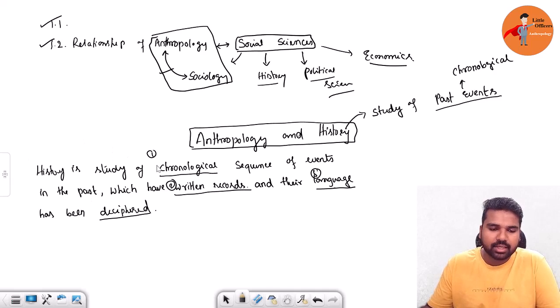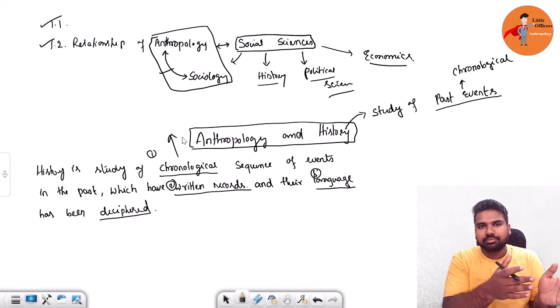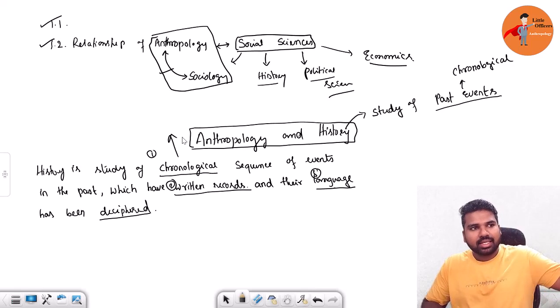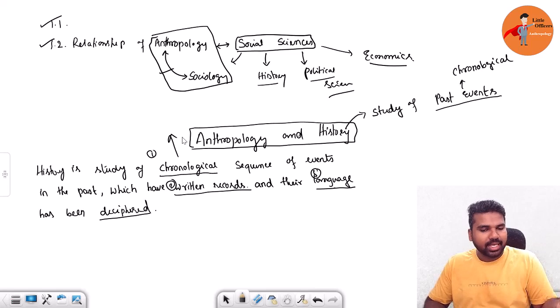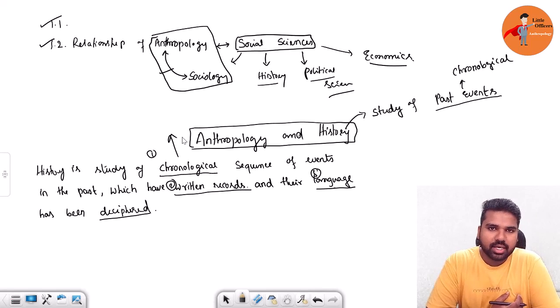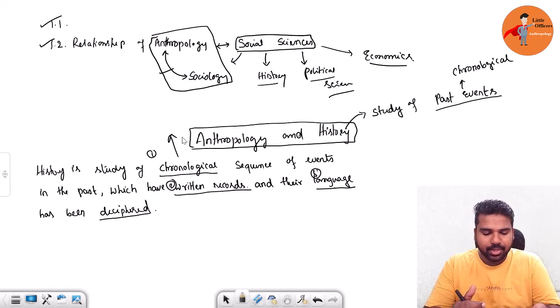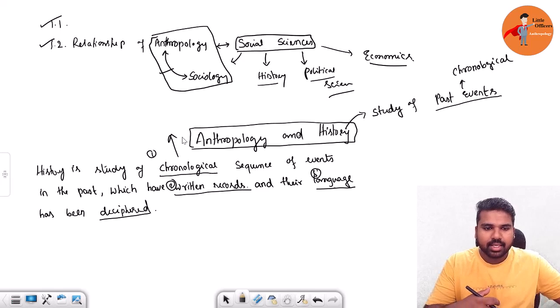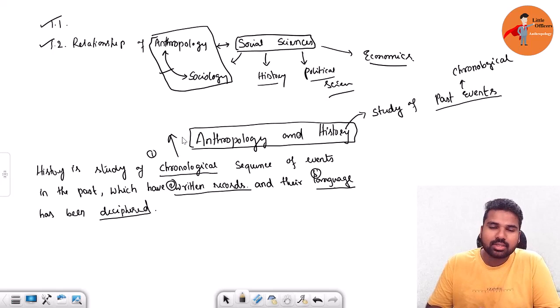Now let us look at it. What is the meaning of it? You know what is the meaning of chronology? That means in a systematic manner, in the time period, what happened first, after that what happened next, and next, in this manner. Even if we study the independence struggle, we will see time wise, year wise, in this year what events have happened, in this year what events have happened, in this manner we cover. Then the second catch is it should have written records.